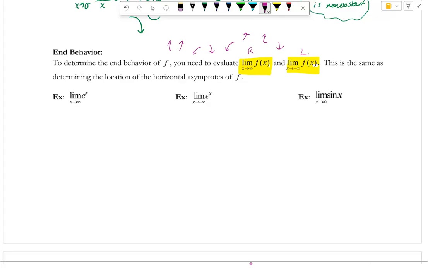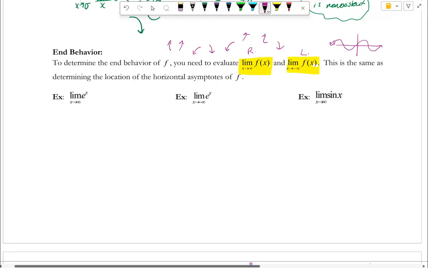And then we also have functions like the sine function, which oscillates. So we know the sine function's end behavior is not an asymptote, and it is not approaching infinity forever and ever. Rather, the sine function oscillates between negative and positive 1.